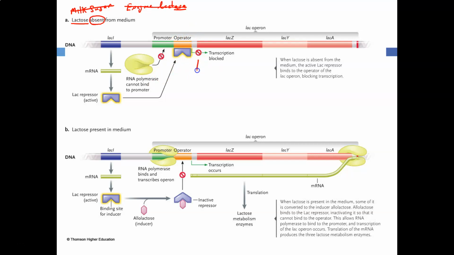When this repressor is bound to the operator, this is your stop sign. That stop sign prevents the RNA polymerase from attaching, and because of that, it can't make this enzyme. The reason is you don't need this enzyme because you don't need to break that lactose down.